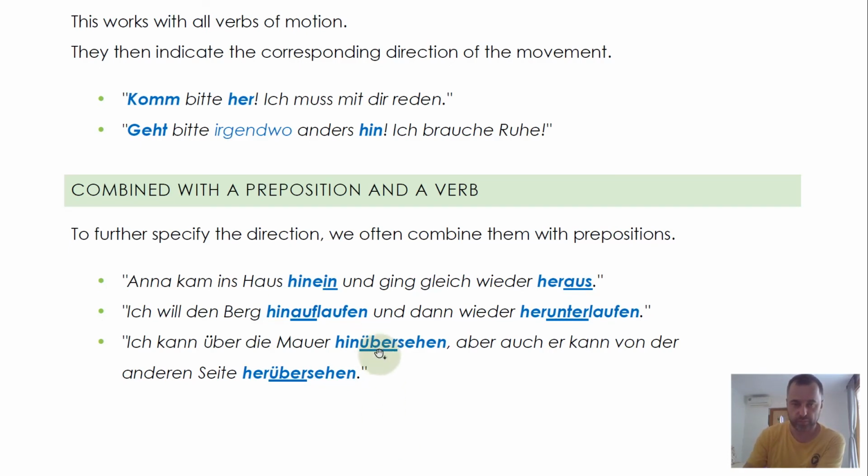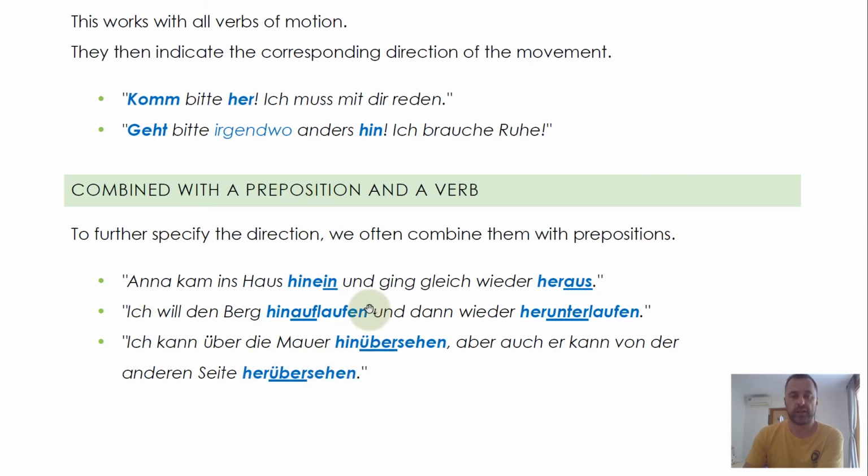So here we have the preposition über, and we are highlighting the direction again, from here to there. And my neighbor can unfortunately and obviously do that too, but now from there towards me, the subject. So the speaker, like almost all the time.